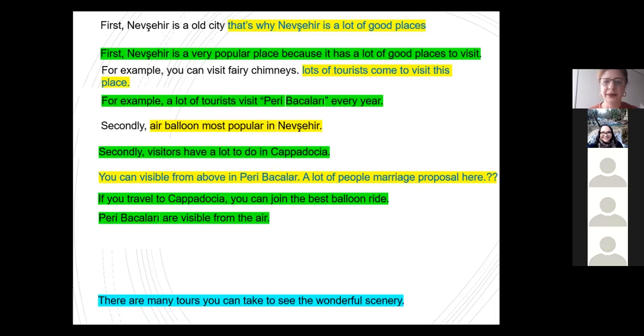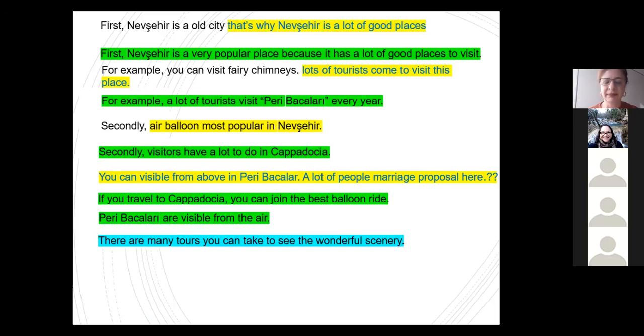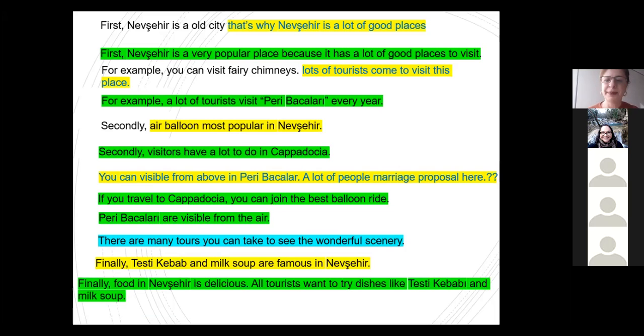So here are all the sentences and my suggestions. And the blue one wasn't there, I added myself. Of course, you can't do this for each and every paragraph, but maybe one example which has serious organizational problems might be something good to try.